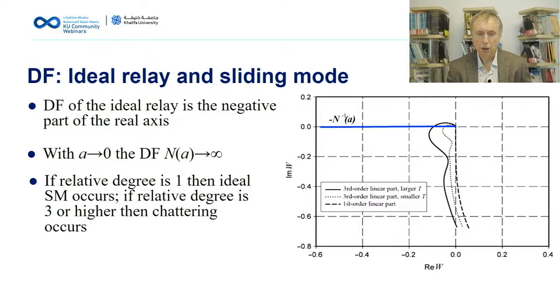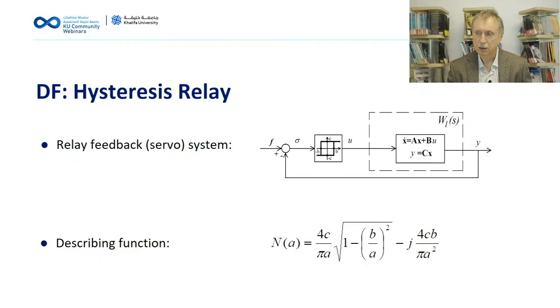The difference between them is the order of the linear part, or the relative degree of the linear part: first order, or first relative degree, versus third order, or third relative degree. If the relative degree is 1, then ideal sliding mode occurs. If the relative degree is 3, for example here, or higher, then chattering occurs in this system. And this is the idea behind the analysis of chattering here.